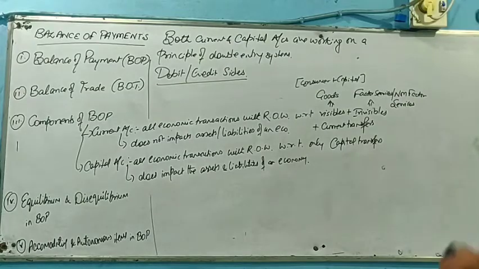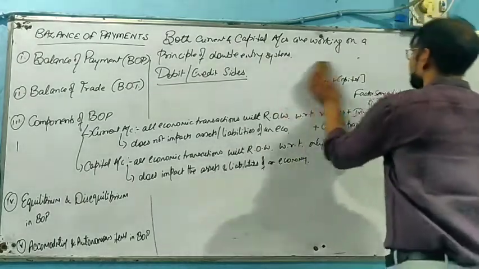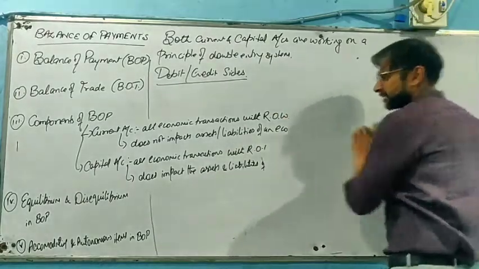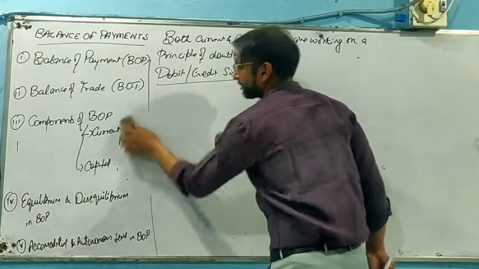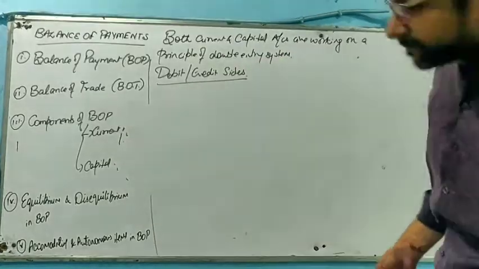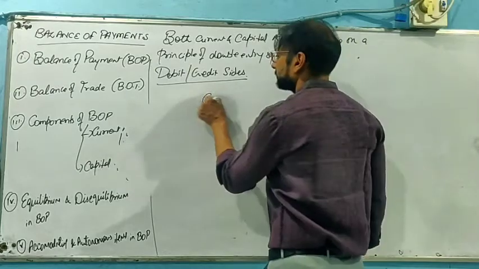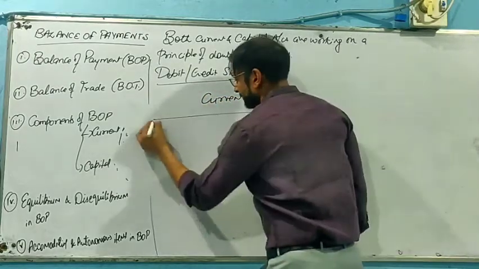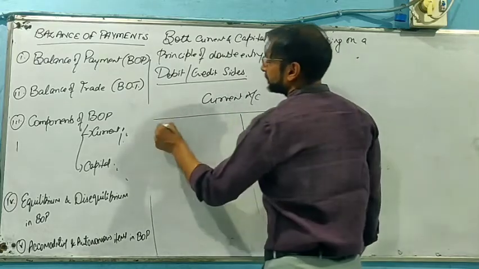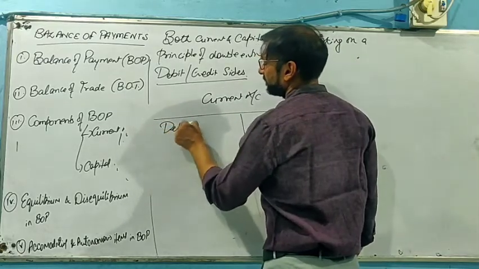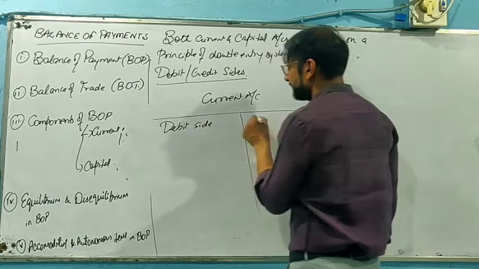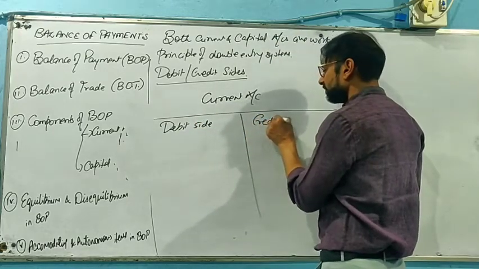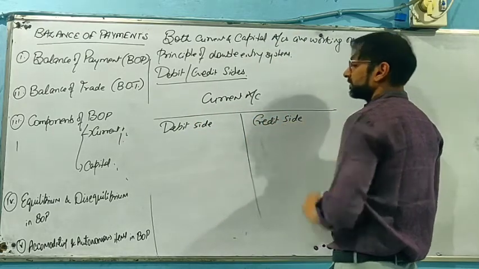So if we elaborate this one, we can say that in respect of current account, if we maintain two columns, say one will be on debit side, another will be for credit, right?